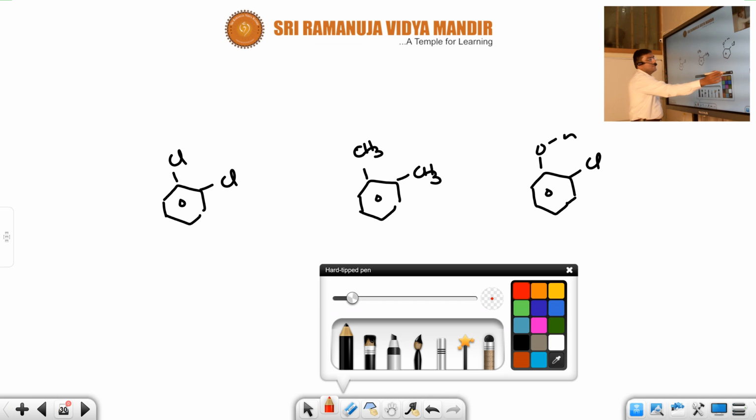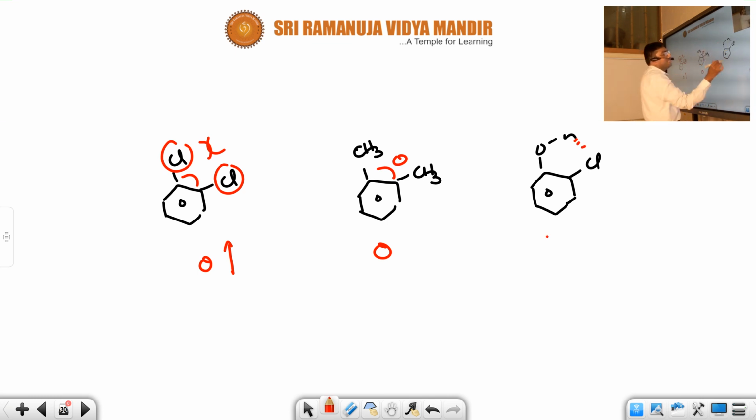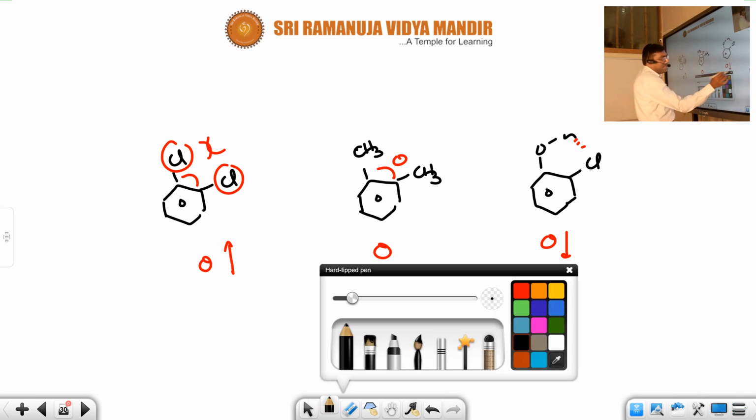Very simple. Students, here CH3, let us take it as a standard. Cl and Cl, there may be slight repulsion. Because of slight repulsion, what happens? Theta will increase. Let us take this as theta. Here theta will be more, slightly increased because of repulsion. Here there is hydrogen bonding, so theta decreases. When theta decreases, dipole moment increases.